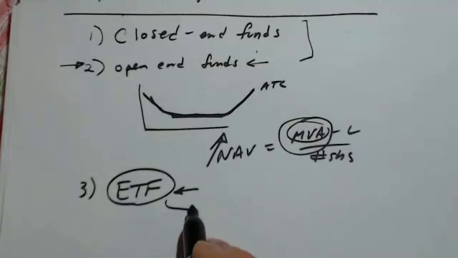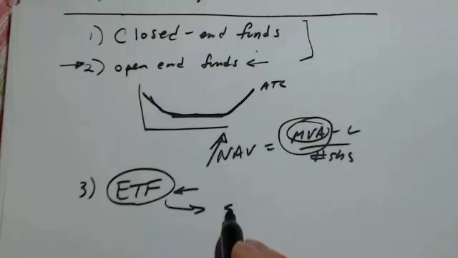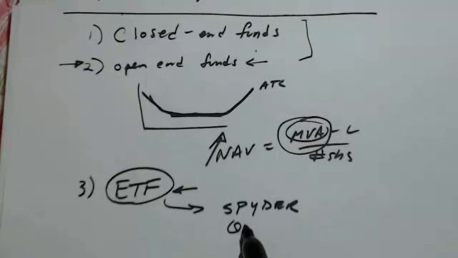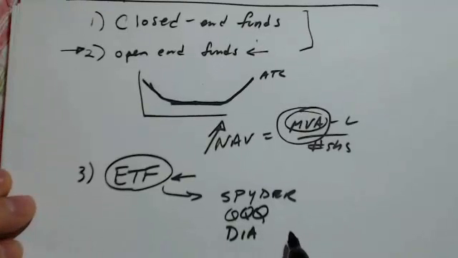So you got things like the SPDR, ETFs that track the S&P 500. You have the QQQ, which tracks the NASDAQ index, and you got Diamonds, for example, that track the Dow Jones Industrial Average. So they got some nice names to them.